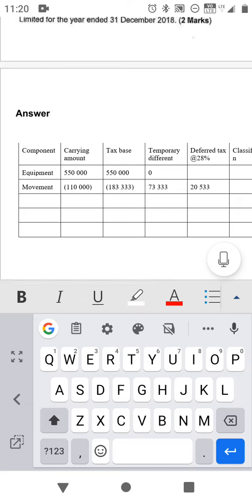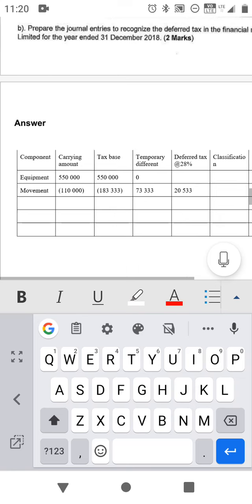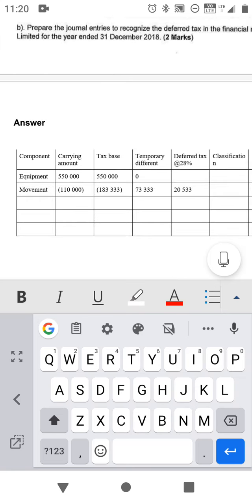They deducted more expense, which means that if they deducted more expense, simply means that the income that they are left with will be very small. All right. So this means that in terms of tax, they take more.